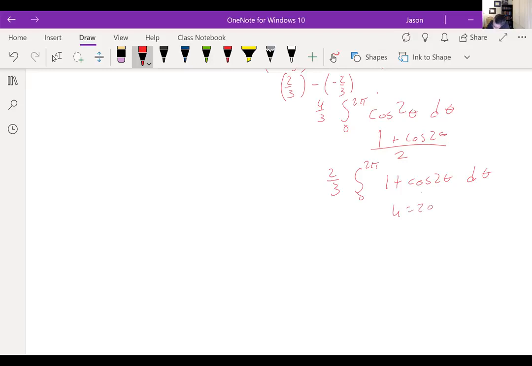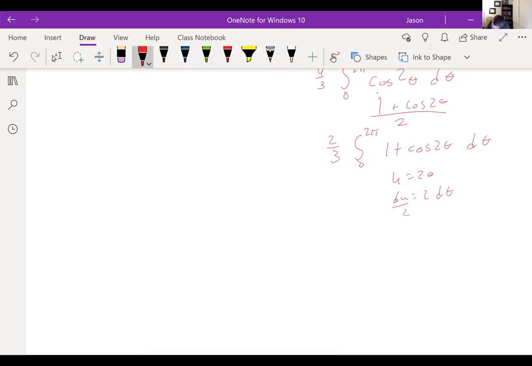It's just u is equal to 2 theta, du is equal to 2 d theta, and so we get over 2, and then 0 to 4 pi of 1 plus... is that right? Can I do that? No, I don't think I can do that. I need to separate this.